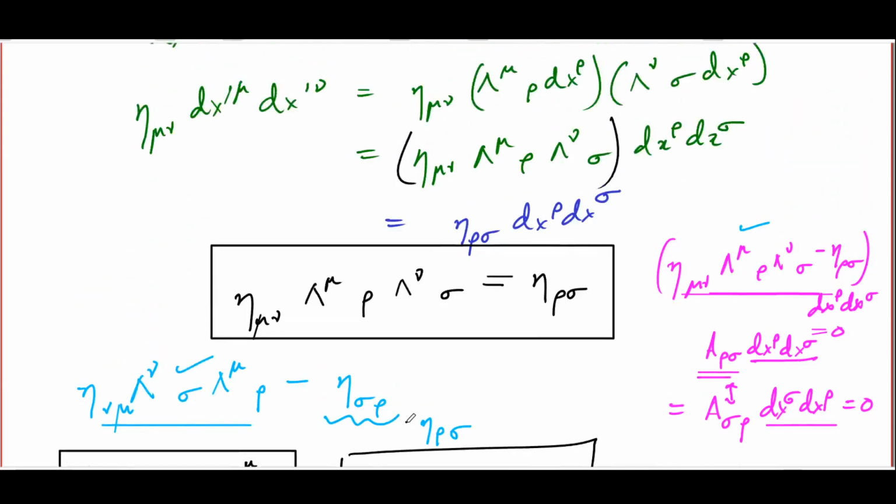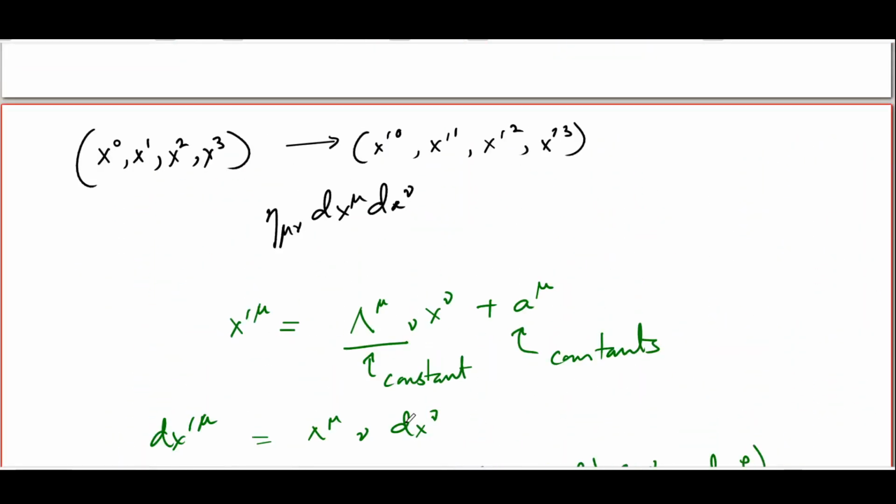By the way, the transformation that we wrote down here, x prime mu equals lambda mu nu x nu plus a mu, is actually more general than the Lorentz transformation. In the Lorentz transformation, we assume that both inertial observers have the same space-time origin, that is 0, 0, 0, 0 maps onto 0, 0, 0, 0. That, of course, is a special case of this where a mu's vanish. So, you just have x prime mu equal to lambda mu nu x nu.